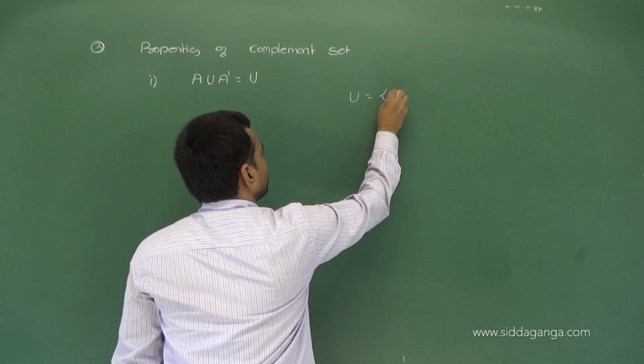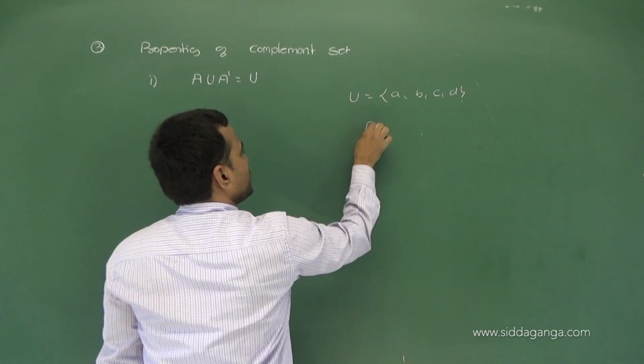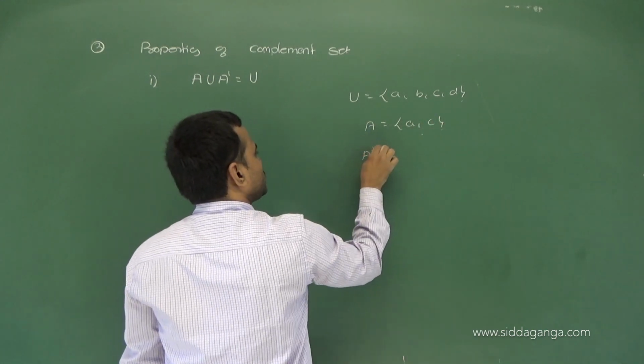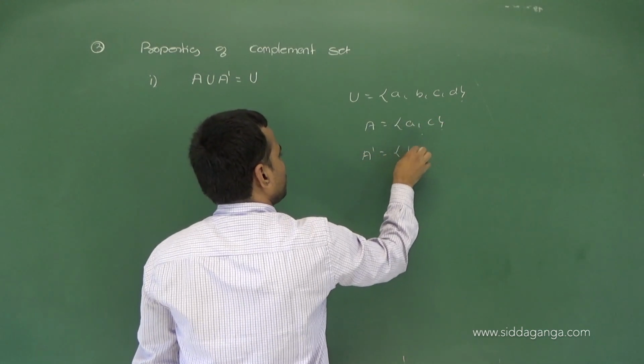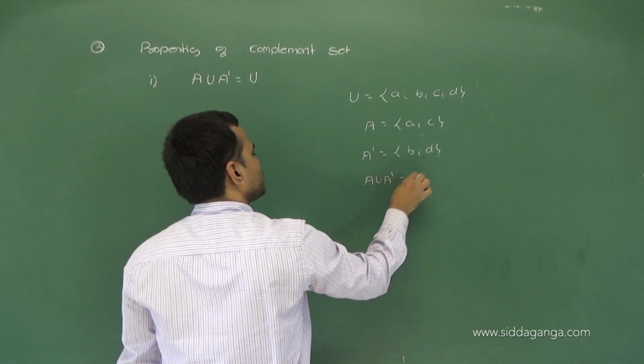U is equal to {A, B, C, D}, A I write {A, C}, A dash is {B, D}. So A union A dash is nothing but what?